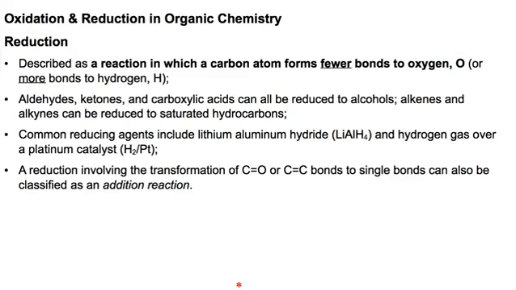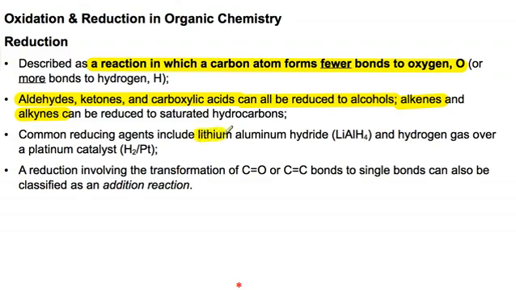Now, the other reaction that we want to look at is a reduction. And again, a reduction reaction is basically the opposite of oxidation, a reaction in which carbon has fewer bonds to oxygen. So aldehydes, ketones, and carboxylic acids, well, if they can be produced by oxidation, they can be reduced as well, and they get reduced to alcohols, not surprising, but you can also get them reduced to alkenes and alkynes.